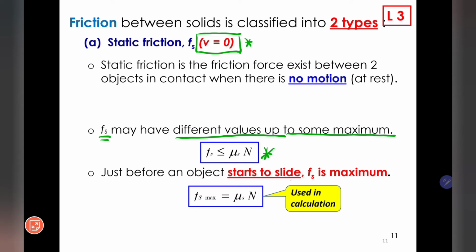Before the object starts to slide, the static frictional force is maximum. Then the equation is: maximum static frictional force equals mu s N. For any calculation, we normally just refer to this equation, Fs equals mu s N. At that time the force is maximum because the object starts to slide.